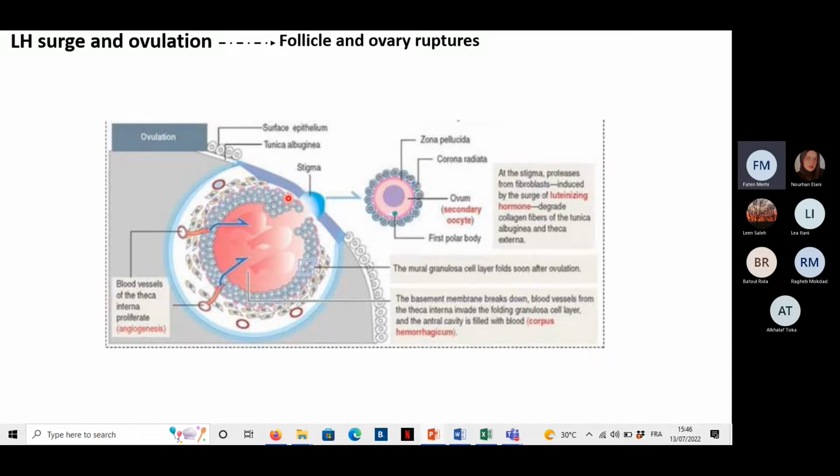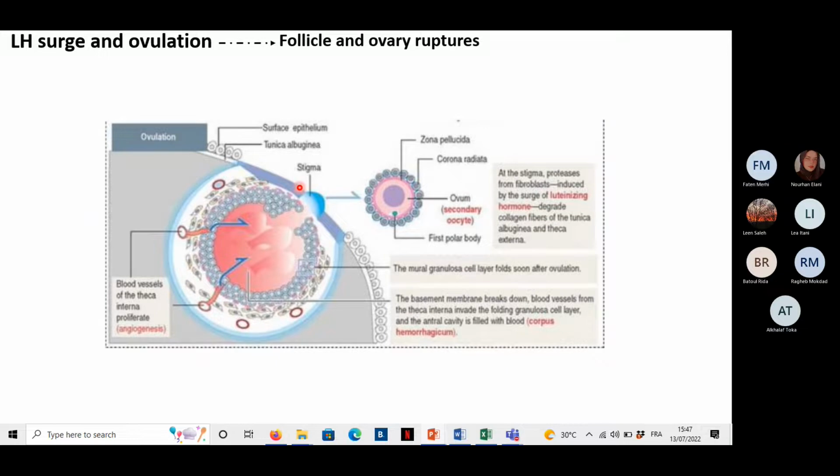And in fact, this PGF2 alpha will lead to the rupture of the lysosomes inside of the epithelial cells of the ovary and of the ovarian cortex. The lysosomes contain enzymes.